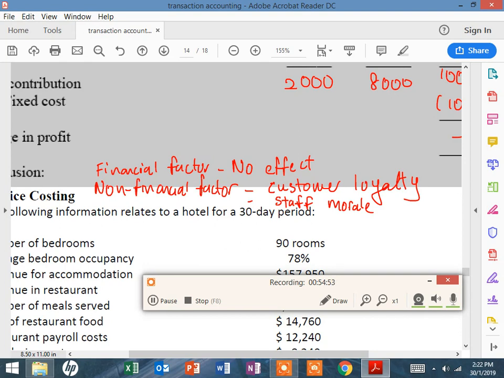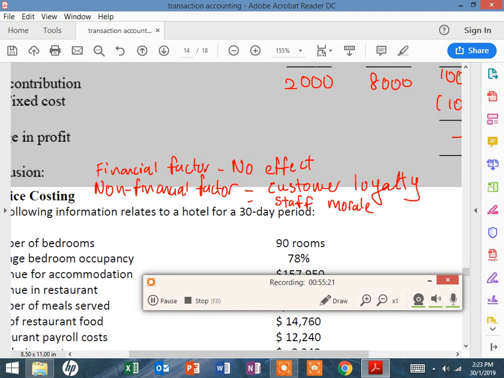Another example of financial, non-financial, normally on your financial paper. If we switch supplier, our cost will be lower. So financial factor, definitely we will switch because it's cheaper. But do we also have to consider the non-financial factor if we switch? Even though it's cheaper, there's the relationship between us and the supplier, the long-term relationship, and the reliability of the supplier.